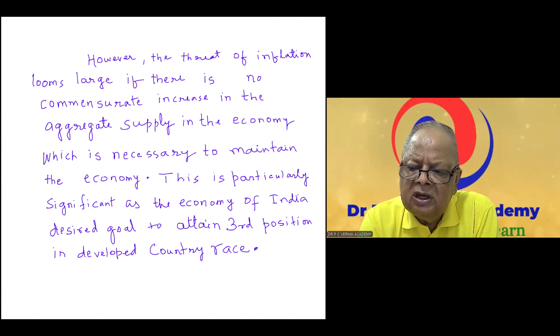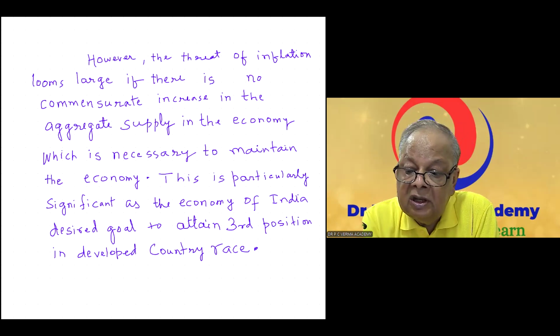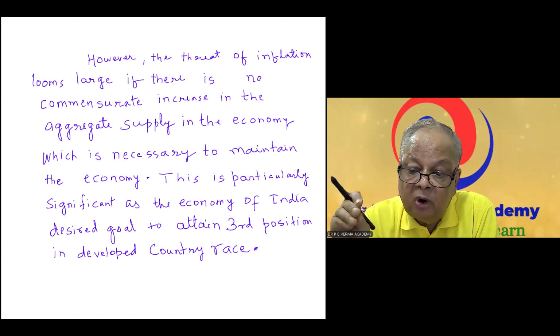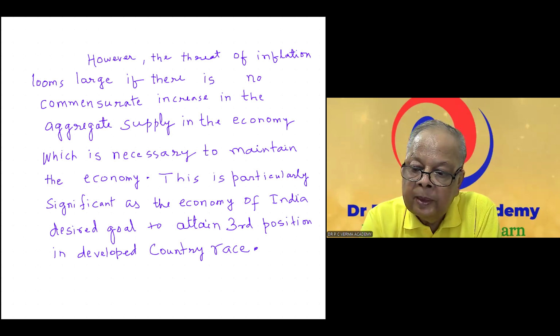4% inflation is acceptable. 4% is a very important percentage. 4% inflation, 4% supply of money, 4% unemployment, all these are acceptable. Unemployment cannot be zero. There may be frictional unemployment.